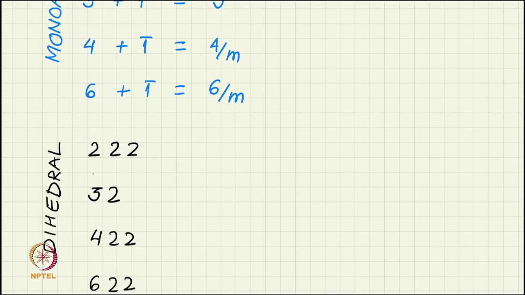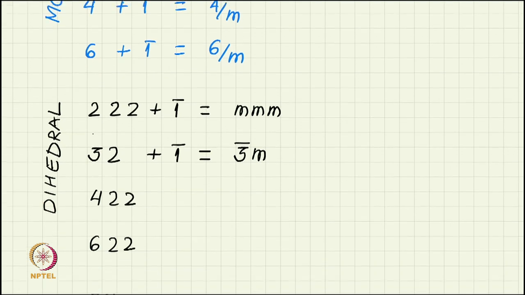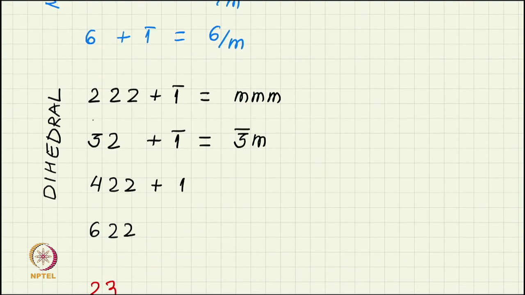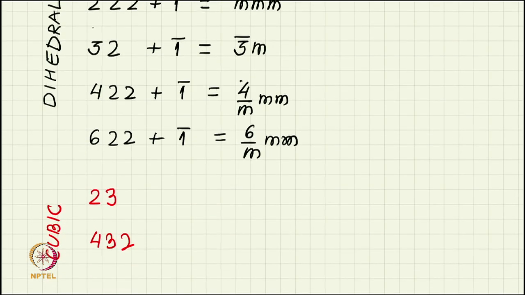The dihedral groups: 222 plus 1 bar was mmm, 32 plus 1 bar was 3 bar m, 422 plus 1 bar was 4/mmm, and 622 plus 1 bar was 6/mmm. 23 plus 1 bar is m3 bar, and 432 plus 1 bar is m3 bar m.